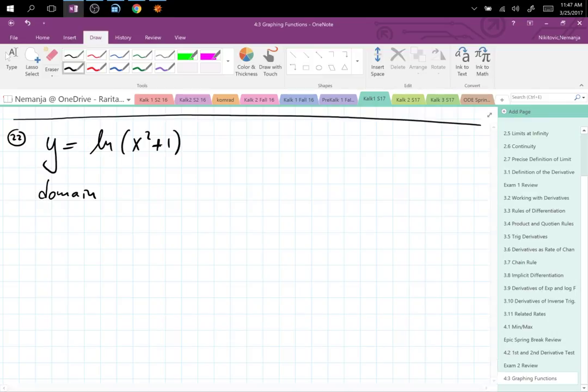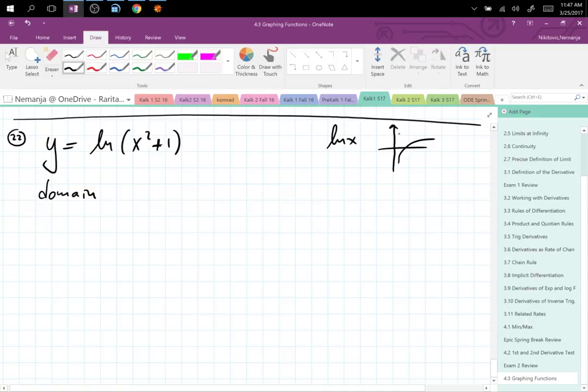Domain. Well, we have to be very careful with this domain. We know that the basic ln x has the domain to the right of the y-axis, right? But there is an issue here, and the issue is called the x squared.